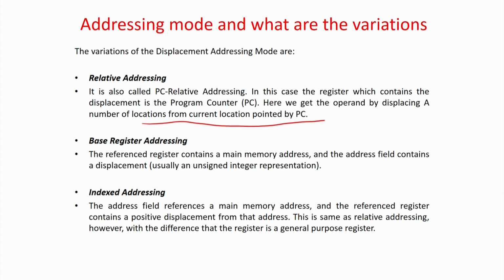Generally, jump instructions and several other similar things are addressed this way, so when you have a jump instruction, you can use this type of addressing mode. Because in this case the program counter actually has the displacement value, you can load different values and the jump will actually happen based on that.